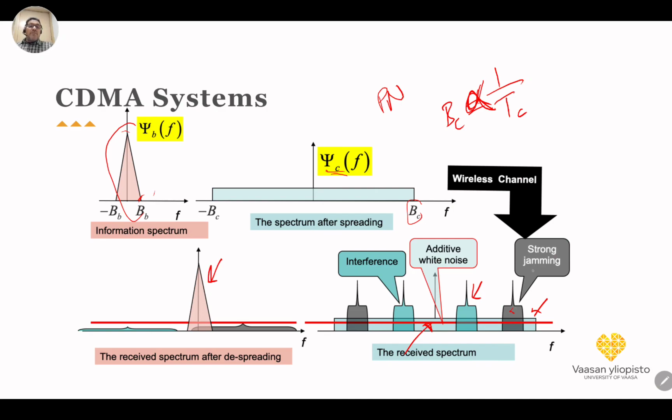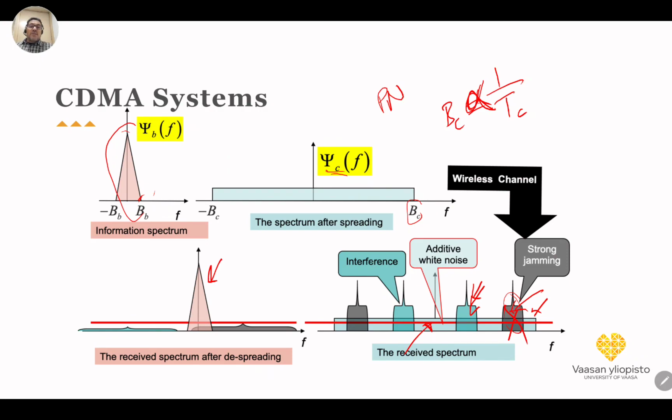What will happen to the strong jamming or the interference? The strong jamming only jams part of the frequency. So even if this part is corrupted, it carries very little information of our data, and we can correct this error by using forward error correction, for example.